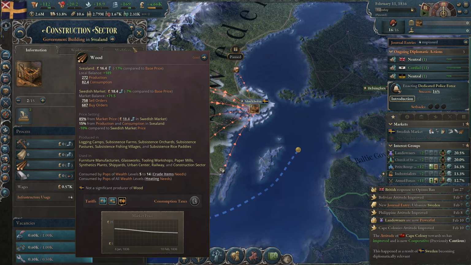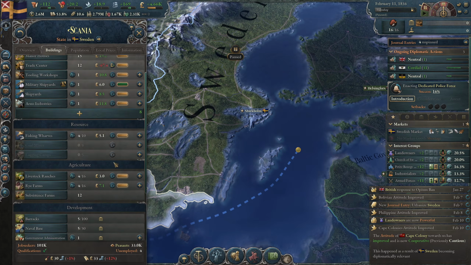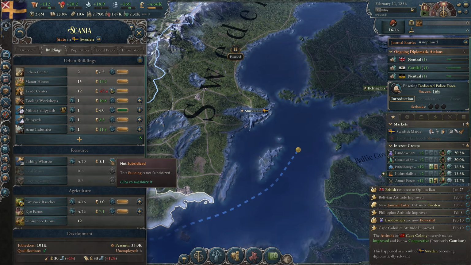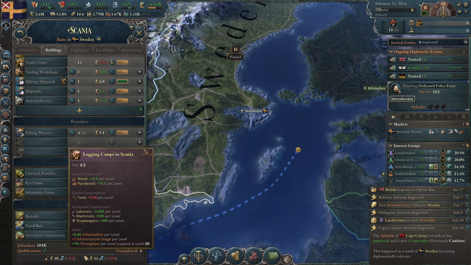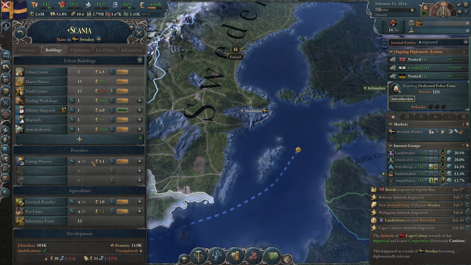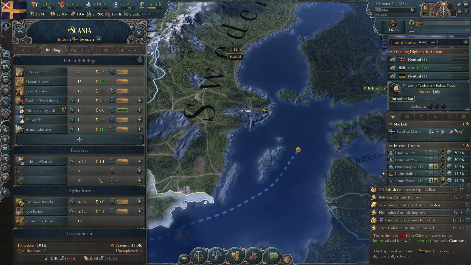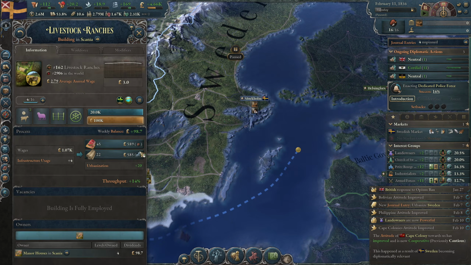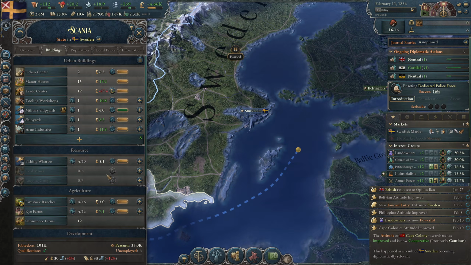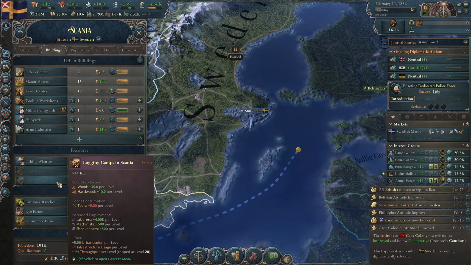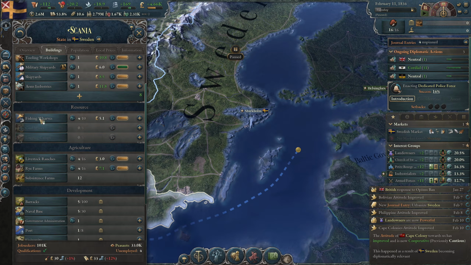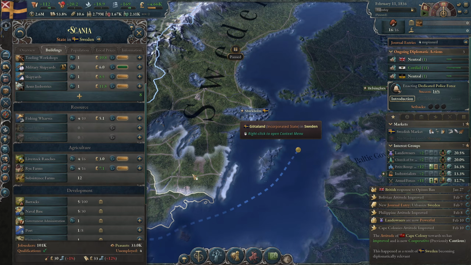Tools, cloth, wood, and iron. Do we have any of these over here? We have no wood here. We have no iron here. We do have tools here. And we have a little bit of cloth over here. So the import goods over here will be a little bit more expensive because we don't make local wood and local iron. Iron is not possible to make here. There is no iron mine possible.